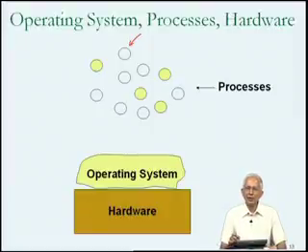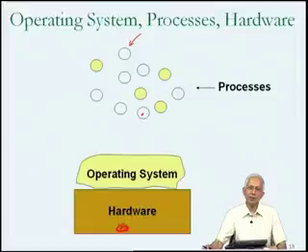Now, whenever one of the processes wants to do something with a specific part of the hardware, for example, let's suppose one of the processes wants to read from a file. The file is possibly associated with one of the I/O devices of the hardware. It's somewhere down here. So if one of the processes wants to do something on a file, it must clearly get help from the operating system to do that.